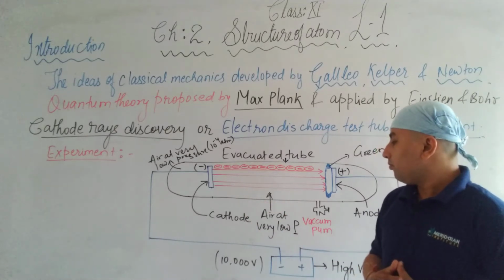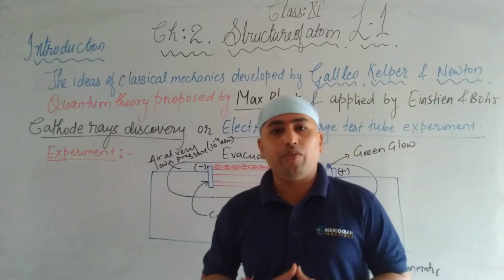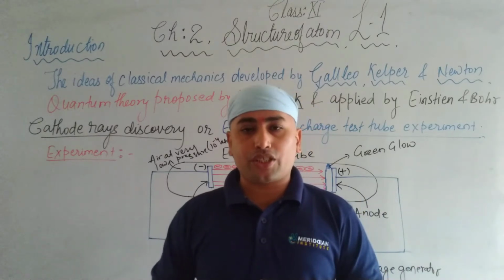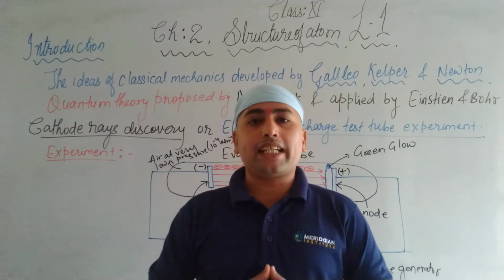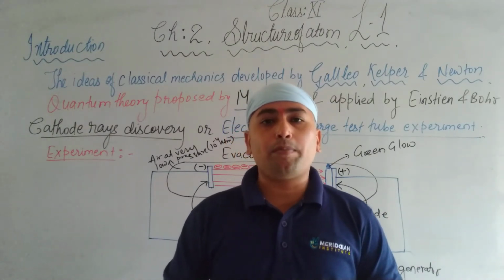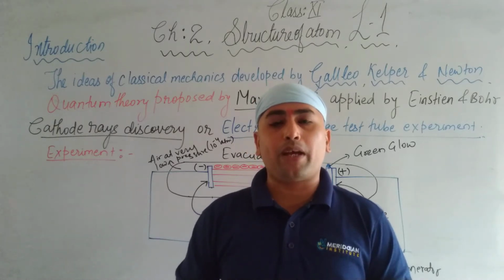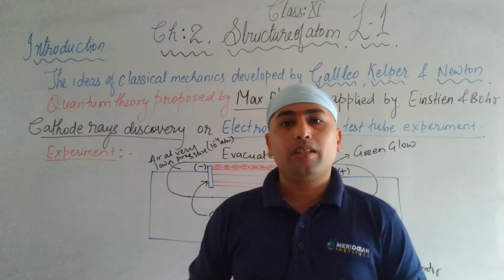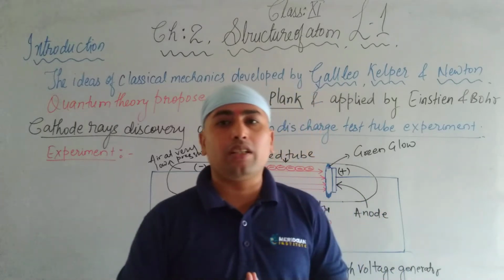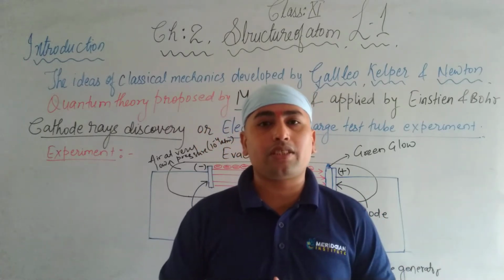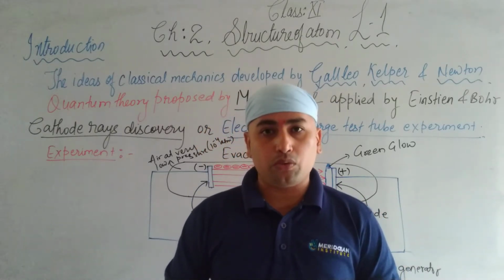After that, he filled air inside that discharge test tube. He kept the pressure at 10 to the power minus 4 bar. He connected both the electrodes to a generator which supplies very high voltage, 10,000 volts.